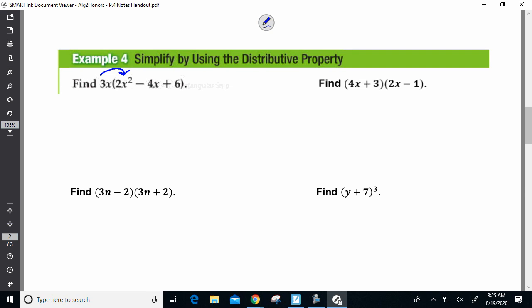So 3x times 2x squared gives you 6x to the third power.